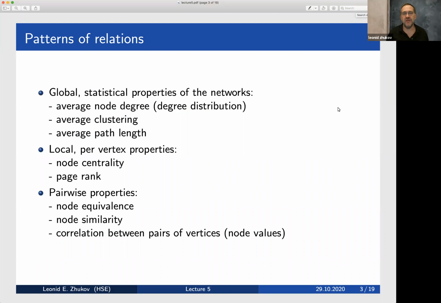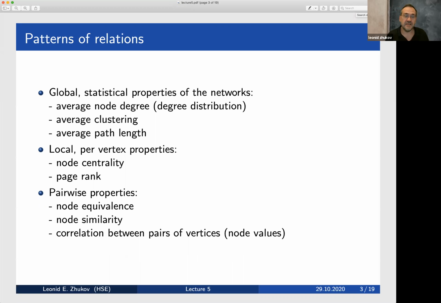So, we previously talked about global properties of the network, statistical properties of the networks, such as average node degree or node degree distribution, or average clustering, average path lengths. So those were the properties of the entire network. We then discussed what's called local vertex properties, things like node centrality, things like PageRank.